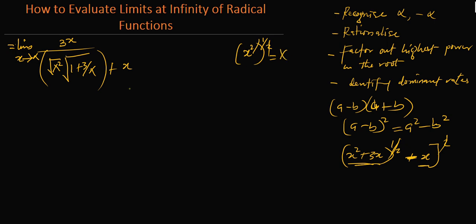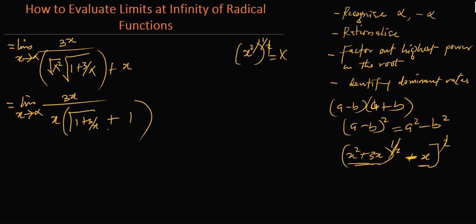We have x left. So this will give us the limit as x approaches infinity of 3x all over x multiplied by root 1 plus 3 over x, plus, since x is common, we'll have 1, right? And we can see here x can cancel out x, so we can now do a direct substitution.